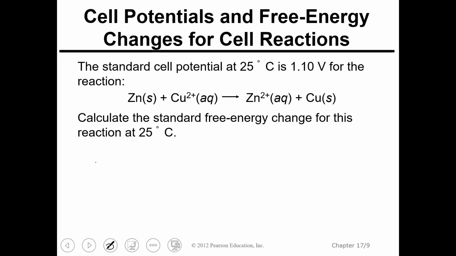We were told on the last slide that delta G naught is equal to the negative of the number of moles of electrons times the Faraday constant times the standard cell potential.